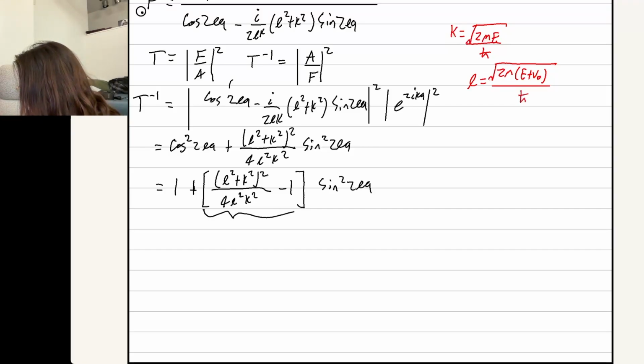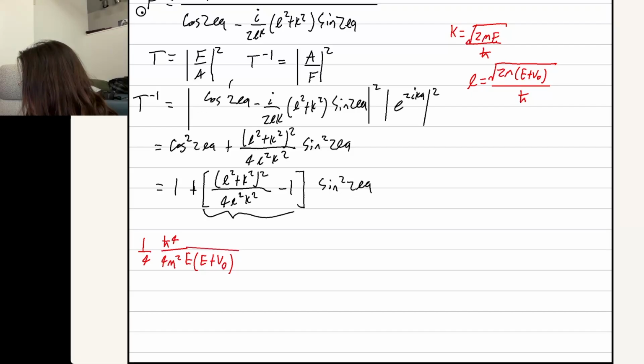Right. So this term is looking like, okay, let's do the 1/4 first, and then let's write the inverse of l squared k squared. So it's going to be h bar fourth over 4m squared times, down here it's going to be E times (E plus V naught).